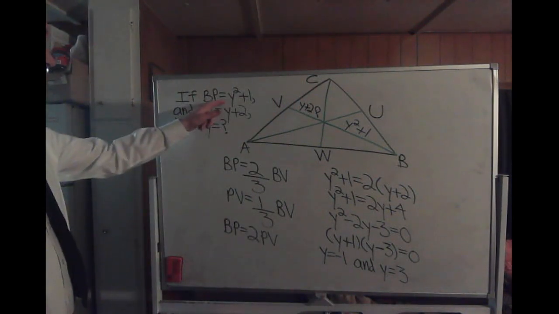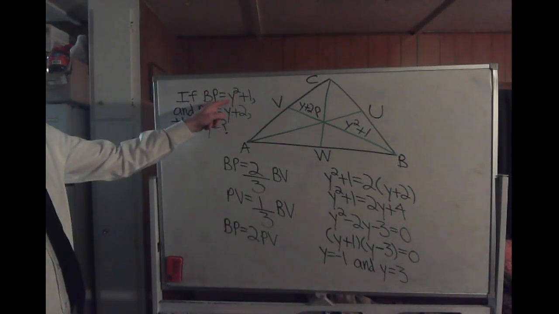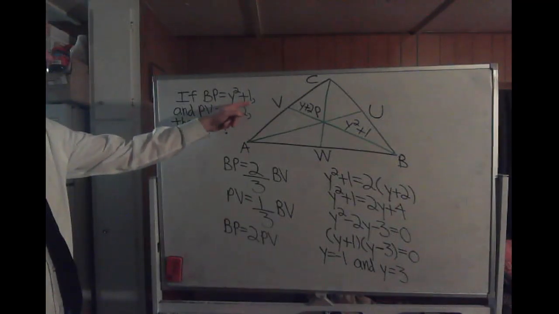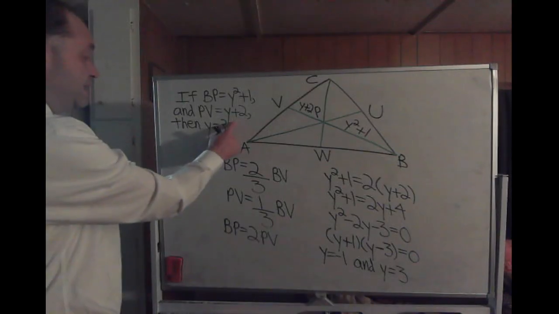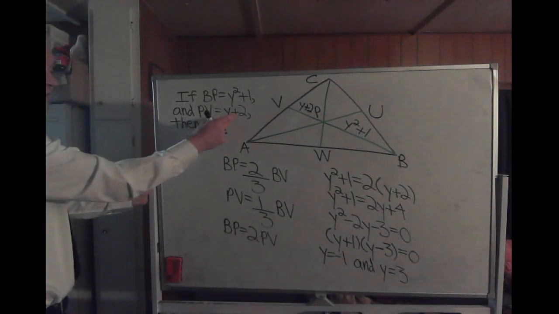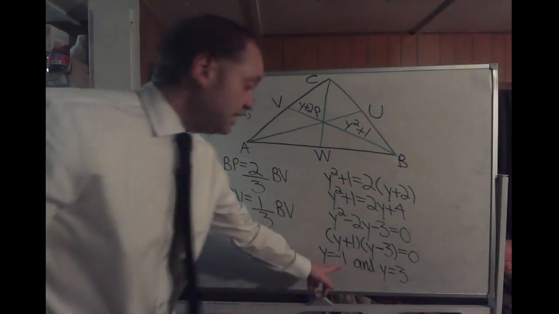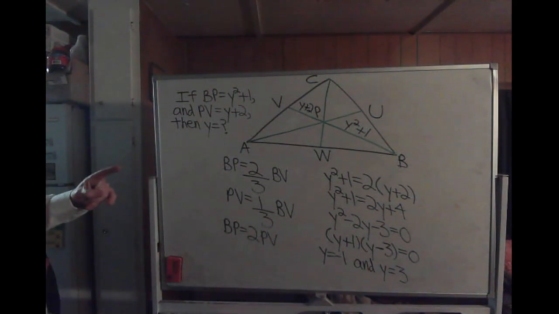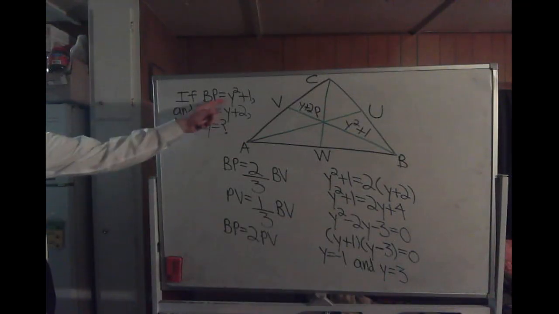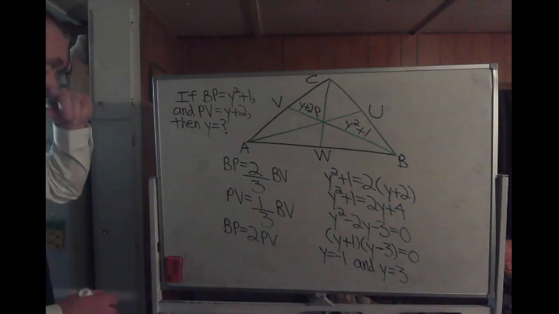If you put negative 1 into BP, well, negative 1 to the second power is what? That's just positive 1. Then add another 1, that's 2. And then if you put negative 1 into PV, you would end up getting negative 1 plus 2, which would be 1. So actually, negative 1 in this case is a viable solution because you're not going to get a negative length. The overall length will not be negative, so y can be negative 1.